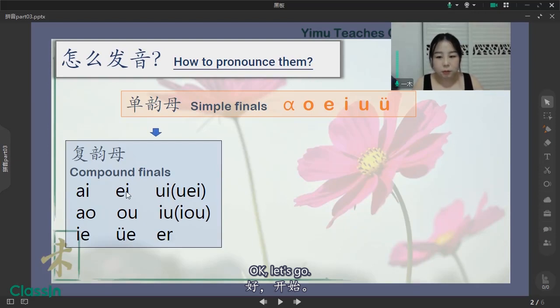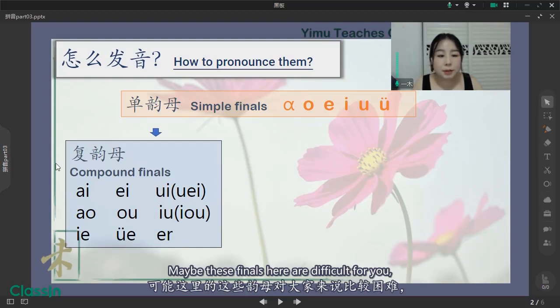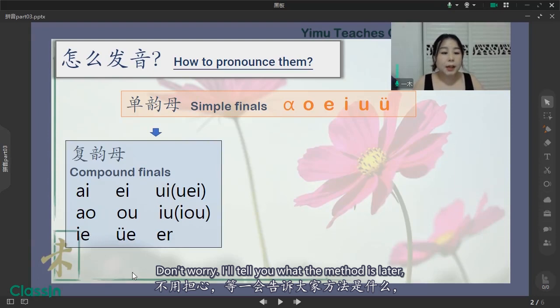Okay, let's go. Ai, ei, ui, ao, ou, iu, ie, üe, er. Maybe some of these phonemes are difficult for you. Don't worry, I'll tell you the method later.